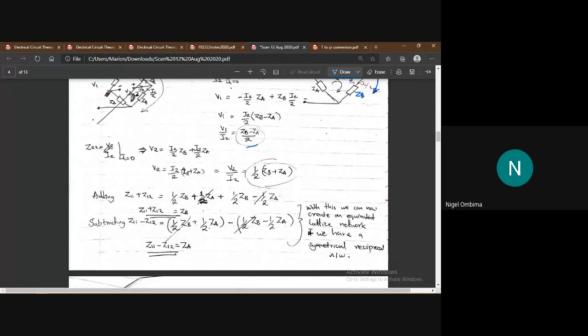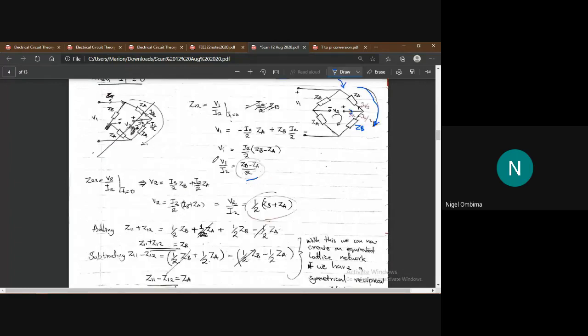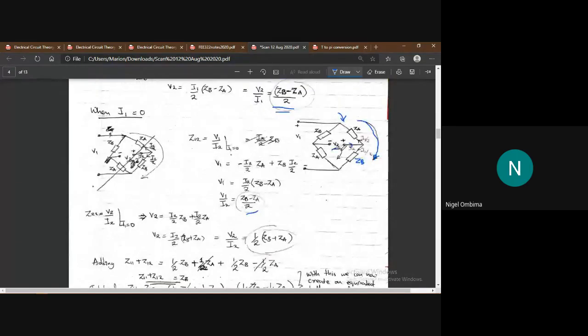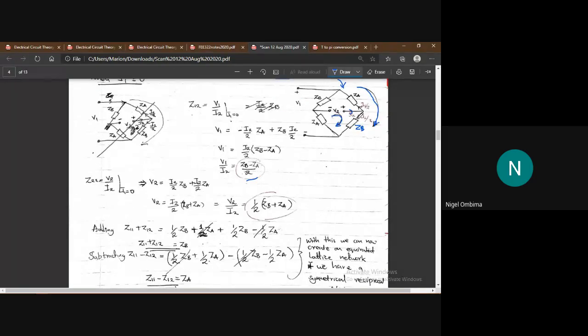Z22 is equal to V2 over I2, whereby I1 is 0. I consider this loop over here, E and I. So I2 flows in and here it becomes I2 over 2, and it flows again on this other side. So I2 over 2 times ZB plus I2 over 2 times ZA, because it flows like this and comes like this, just this loop alone.